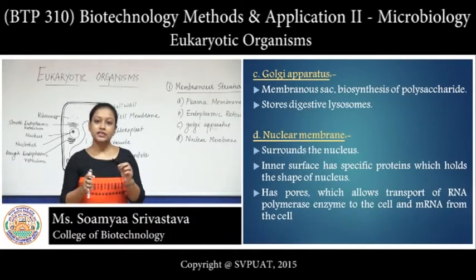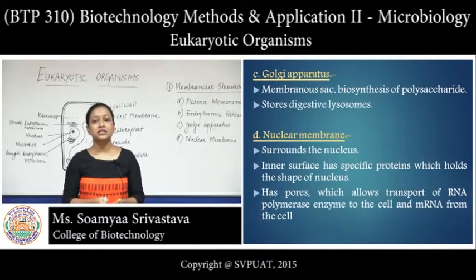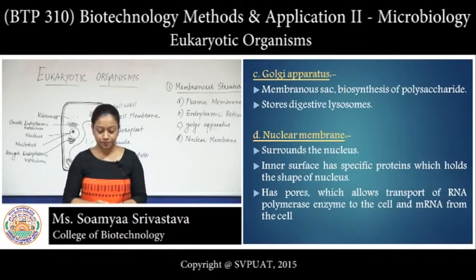There are also pores on the nuclear membrane which allow the transport of certain molecules out of and into the nucleus. It allows the export of mRNA from the nucleus and the input of RNA polymerase enzyme into the nucleus, which performs certain processes inside the cells.